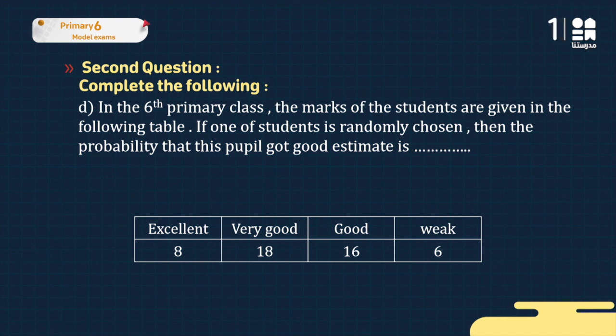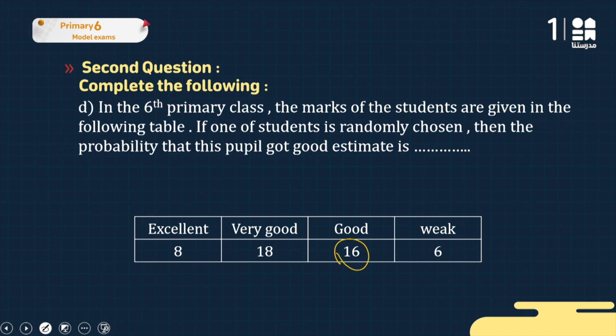Here he gives me the students' marks: excellent 8, very good 18, good 16 and weak 6. The estimate is good, so how many good do I have? 16.